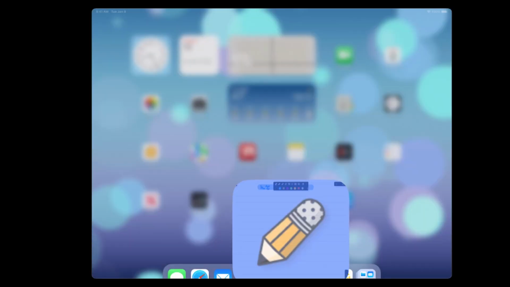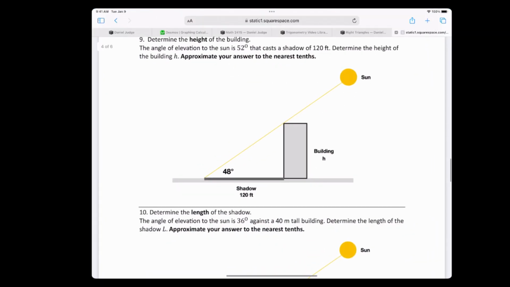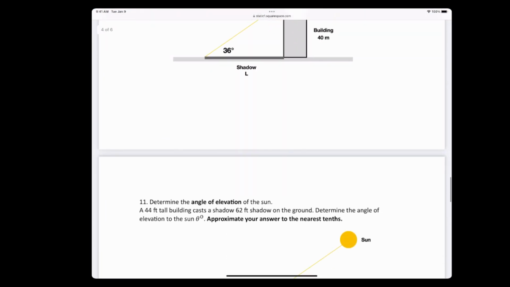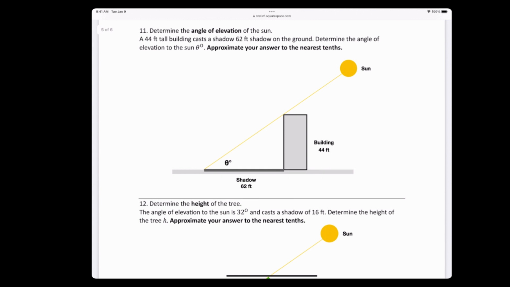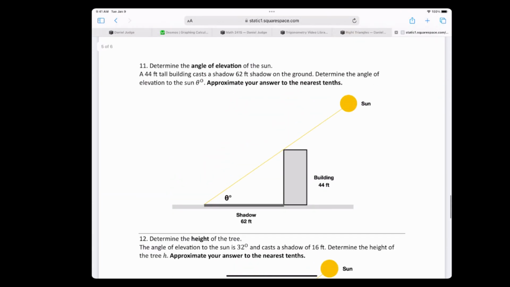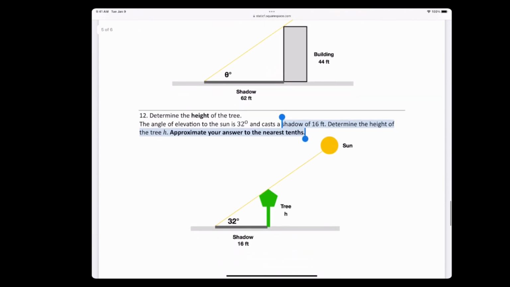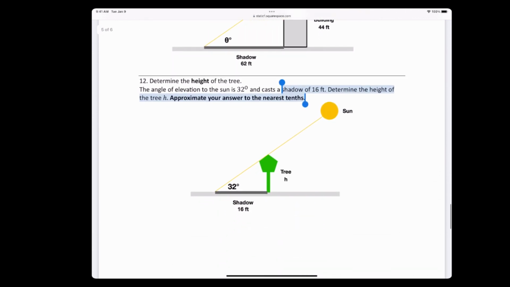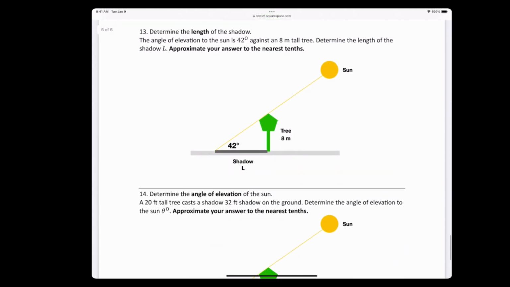All right, let's bring in something else, something good too. You say, Mr. Judge, is there more of this fun? Yeah. Well, we can't do this one yet. I might have to change number 11. We can't do this one yet. Let's try 13.